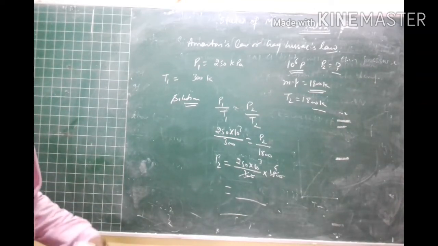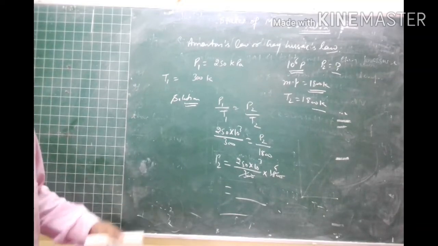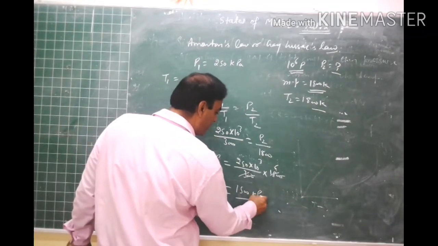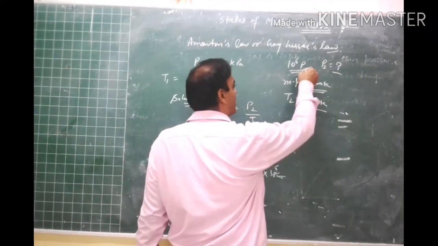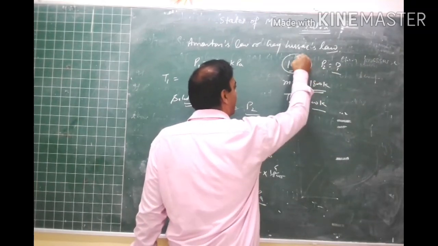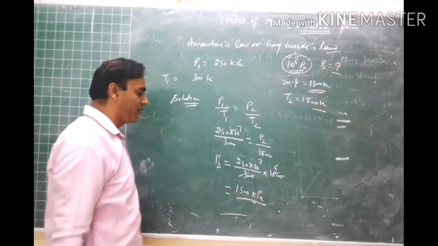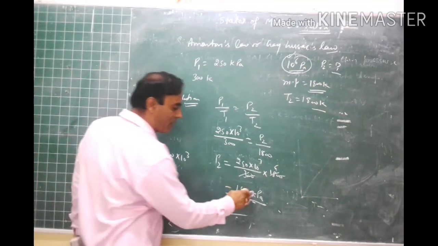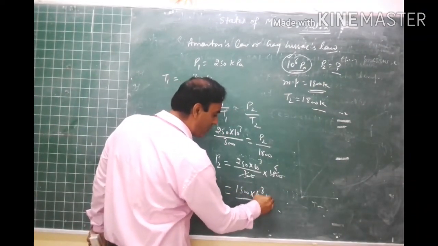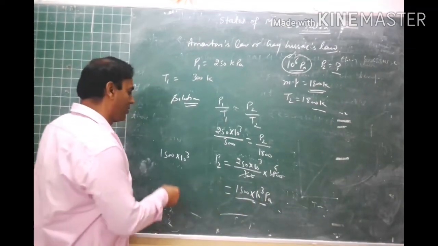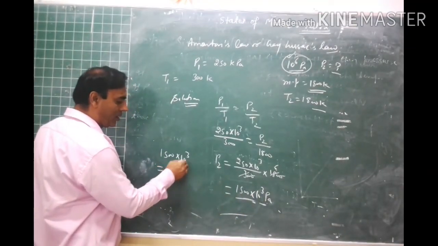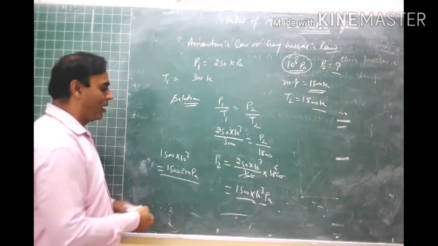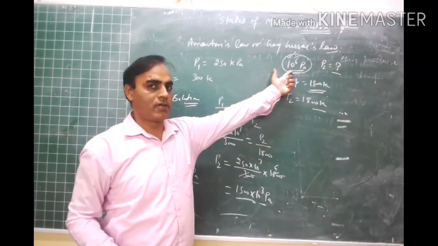As the cylinder can withstand a pressure of 10 raised to power 6 Pascal, and its P2 is 1500 kilopascal, which is equal to 1500 into 10 raised to power 3 Pascal. So we can say that this is greater than the pressure the cylinder can withstand.